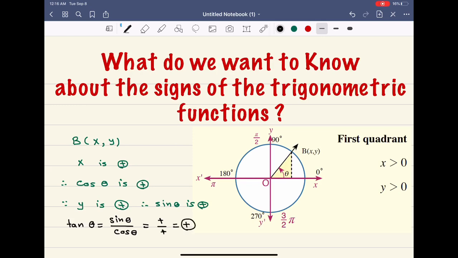Therefore all the trigonometrical functions of angles in the first quad are positive, and all of the reciprocals of the trigonometrical functions are positive in the first quad.